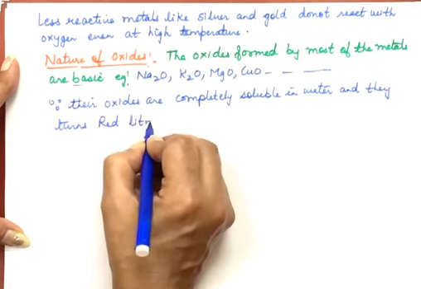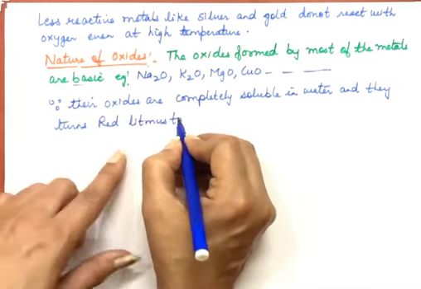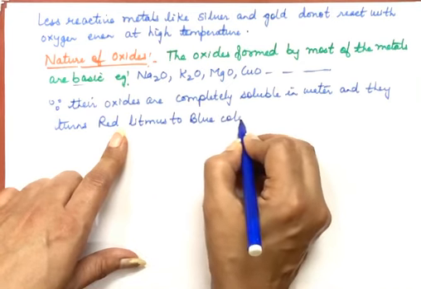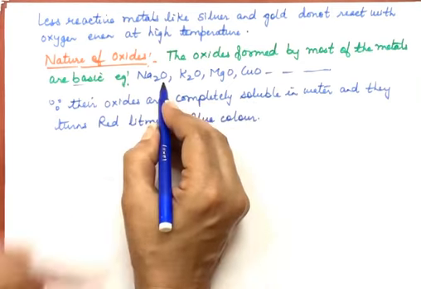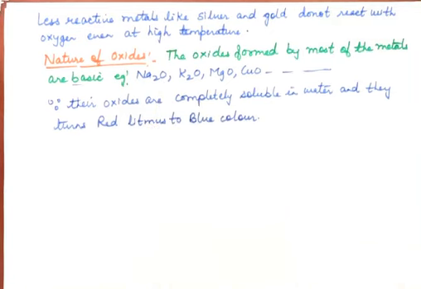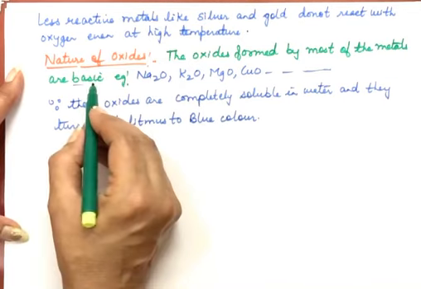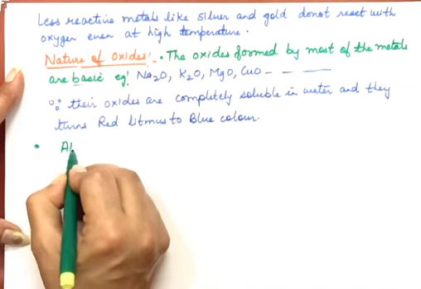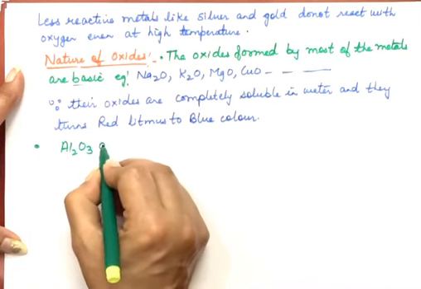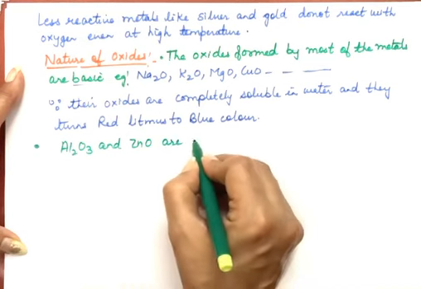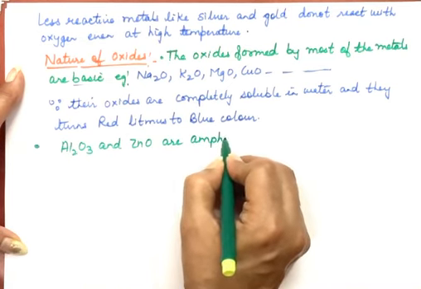To blue. A solution that changes red litmus to blue is basic in nature. So these oxides are basic because their solution in water is basic. So I have written here, most of the metal oxides are basic. There are some oxides of metals like Al2O3 and zinc oxide. These are amphoteric in nature.